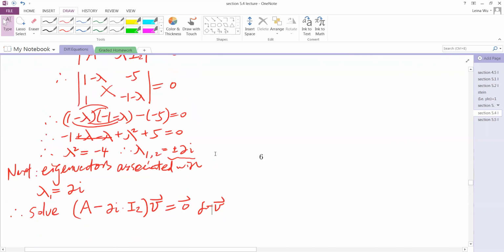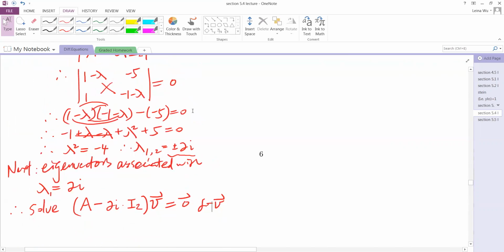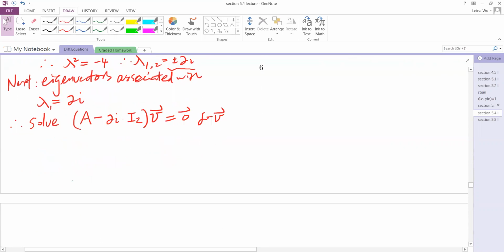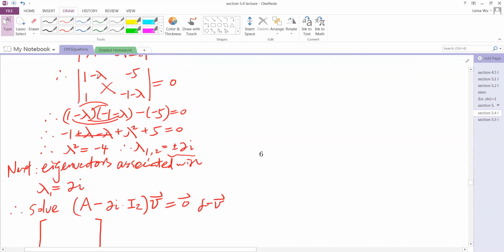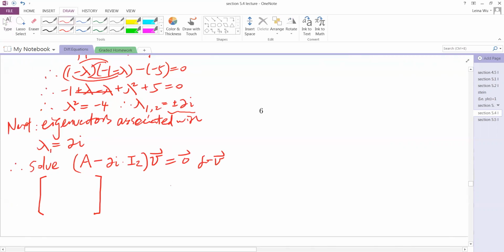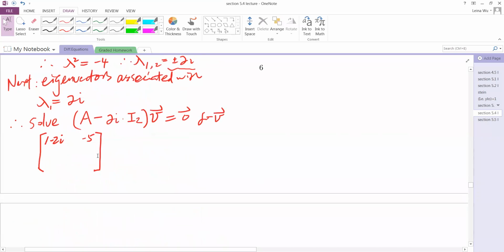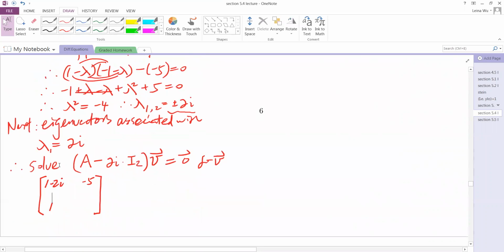So far, it's pretty much the same as what we did last time, right? Yep. Okay, so let's go ahead and plug 2i into the equation. So we have 1 minus 2i, and then negative 5 here, and then 1, and then negative 1 minus 2i, times v.